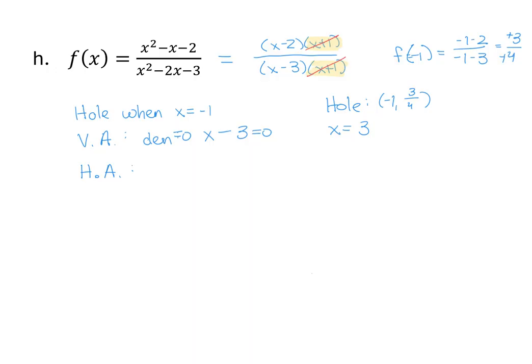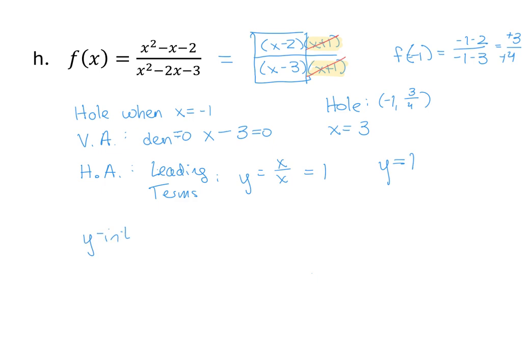We do have a horizontal asymptote for this. So if we only look at the simplified function, remember we're going to look at our leading terms. And what we get is y equals x over x, which is equal to 1. So we have a horizontal asymptote at y equals 1.